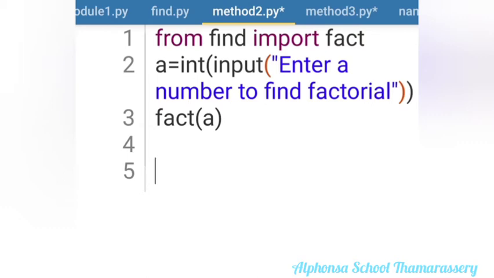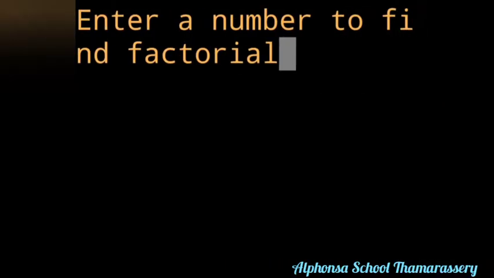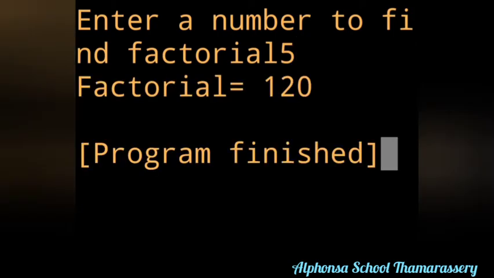I defined one more function inside the find module, to find out the square. But square is not accessible in this program because I imported only the fact function of module find. At execution time, same as before, you can give any number, and it will find out the factorial.